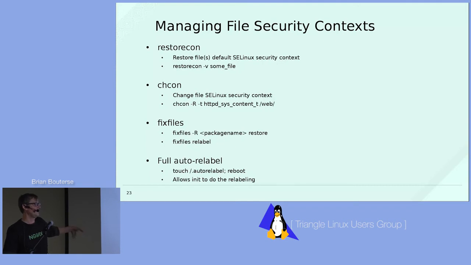It applied this mass relabel, and then my system would not boot. I still don't know why. So, something to think about when you're enabling SELinux maybe for the first time on a large system: make sure you take a backup.